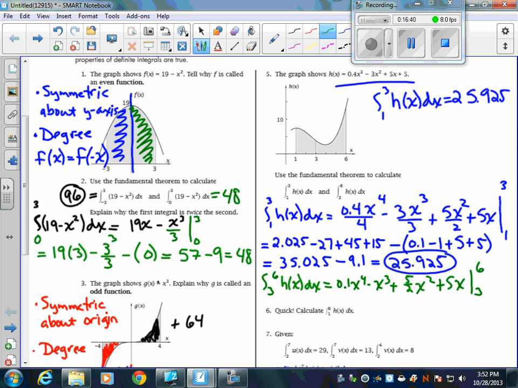Now when I plug in 6, I don't know what that is, so I need to work that out. 129.6 minus 216 plus 180 plus 30. And then I take away what I got from when I plugged in 3. Well, I already found that. That's this right here. Minus 35.025. And that gives me 88.575.